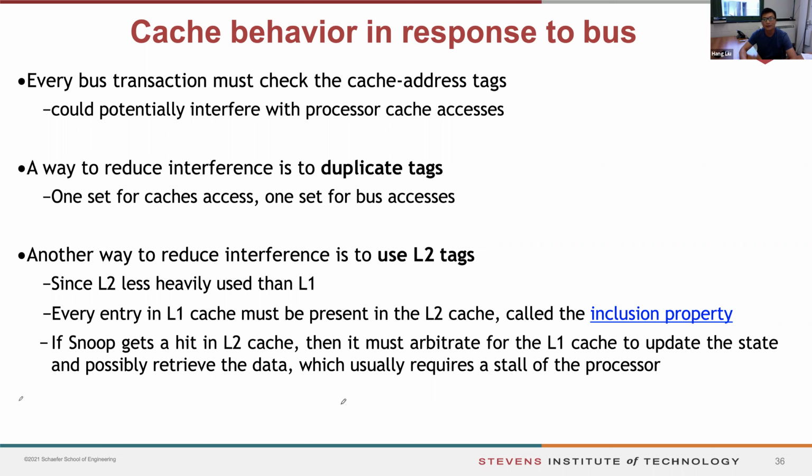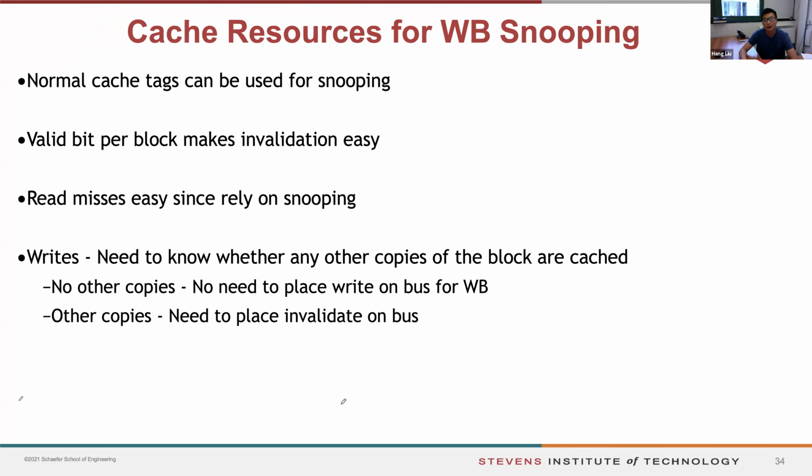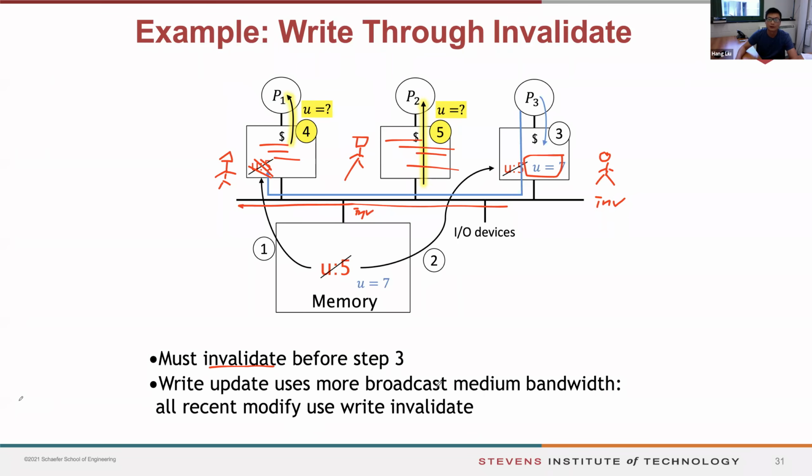The cache behavior in response to the bus, right? So that's what we mentioned here. On one hand is the active behavior, right? Like the circle here is sending an invalidation to the bus.